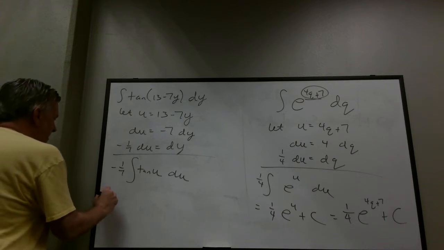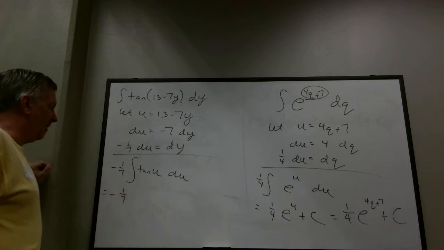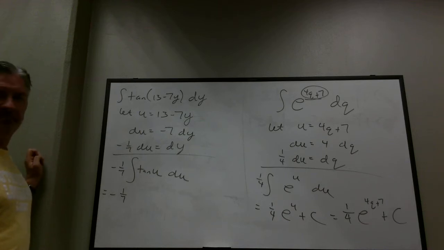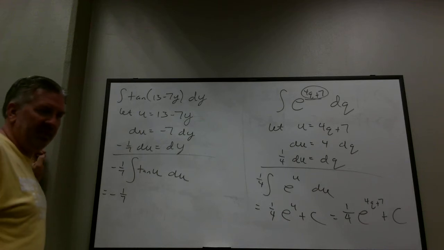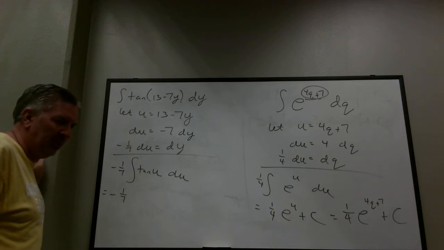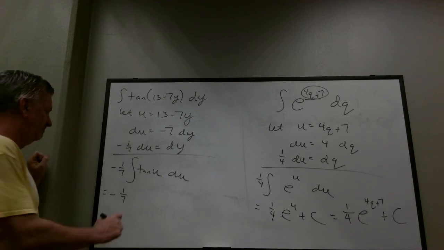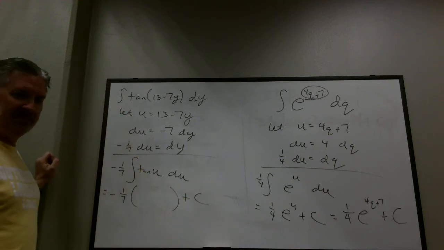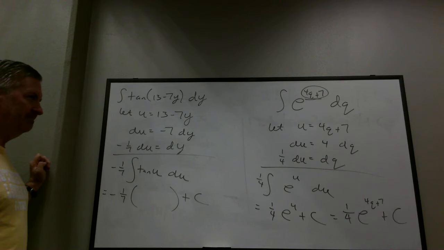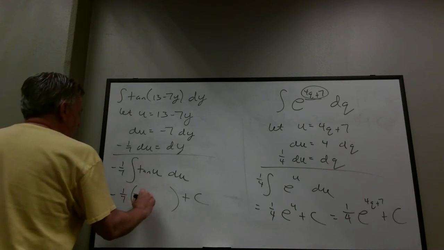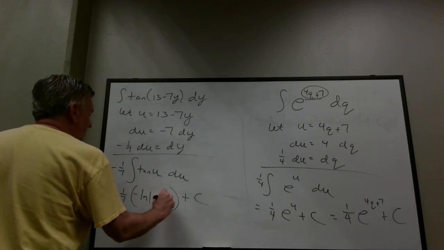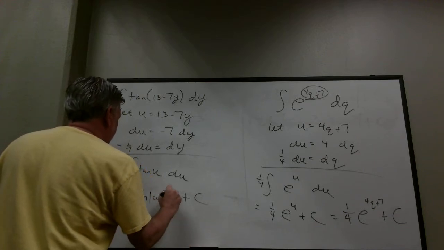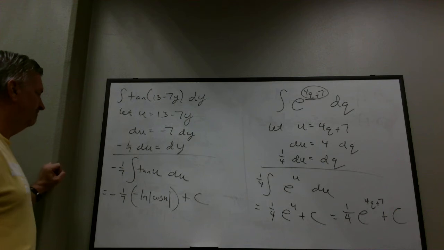Okay, and now the question is, what is the integral of tangent u du? Again, is this one you know off the top of your head? If not, you've got to learn those formulas. Do you know it? Okay, it's minus nat log absolute value of cosine u plus c.